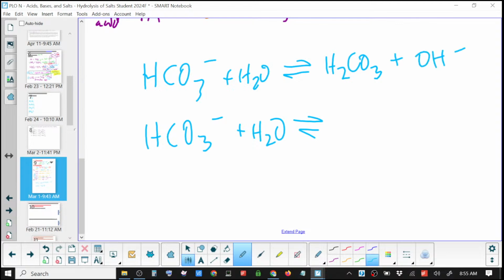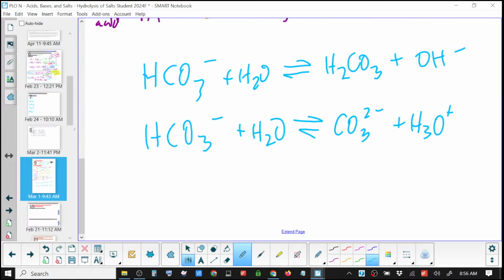Excellent. Now, react it the other way. Nicholas. CO3 plus H3O. Don't drop your charges. H3O plus and then 2 minus on the CO3. Perfect. And both of these are legitimate. The only thing you would do is look up the Ka for this and compare it to its own Kb, and whichever one's larger tells you which one it's more likely to do.